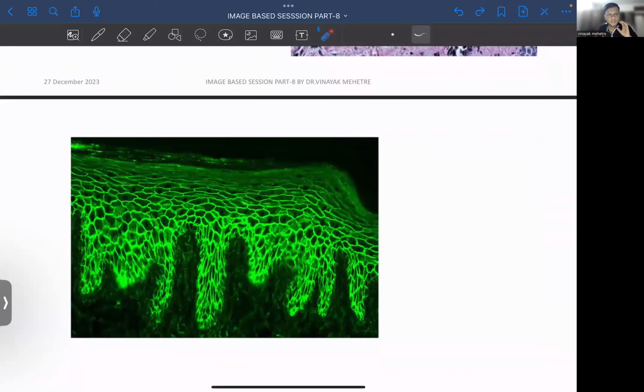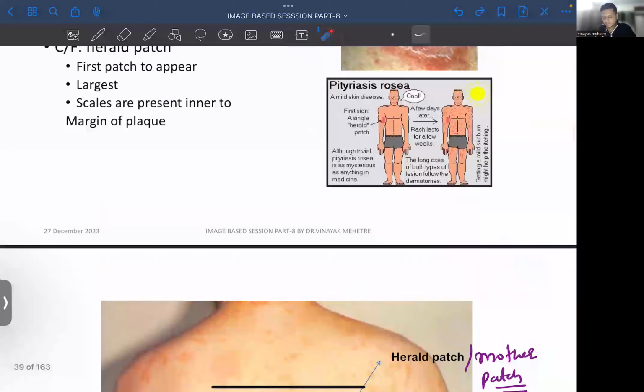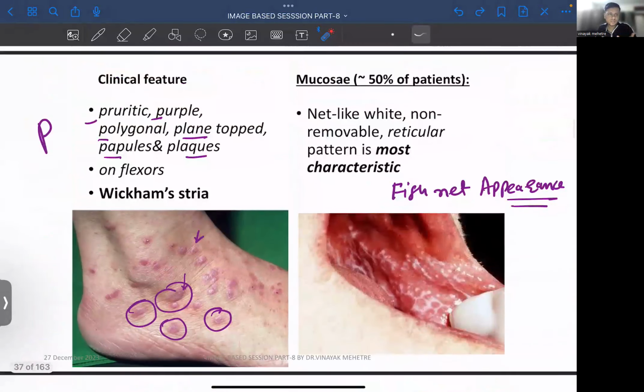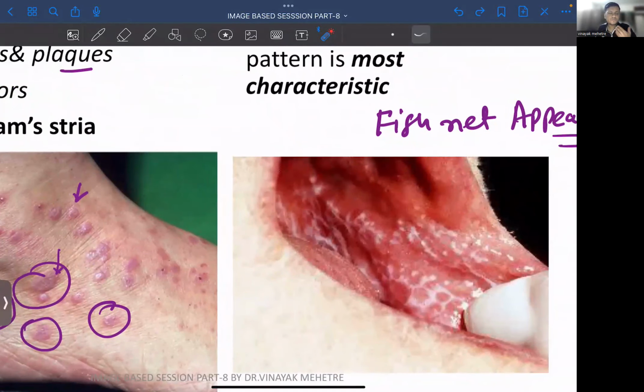On immunofluorescence, not directly looking. Over here we had fishnet appearance of oral mucosa. Okay, fishnet appearance of oral mucosa.